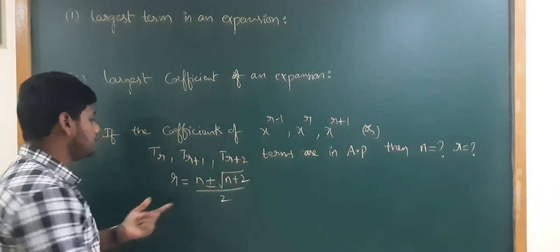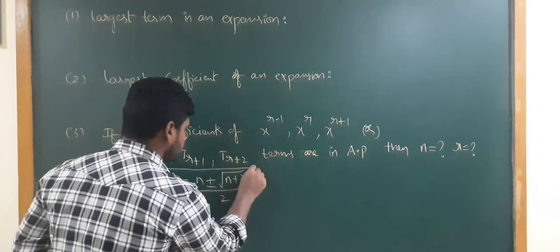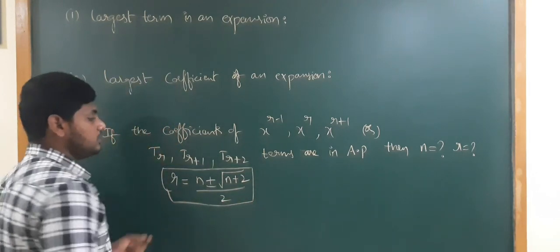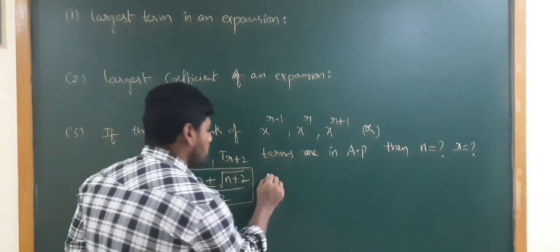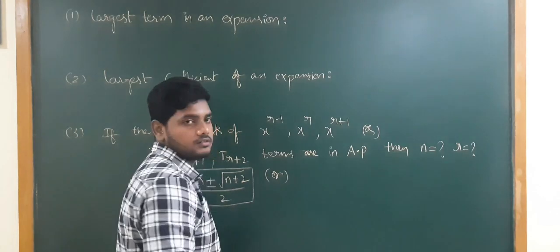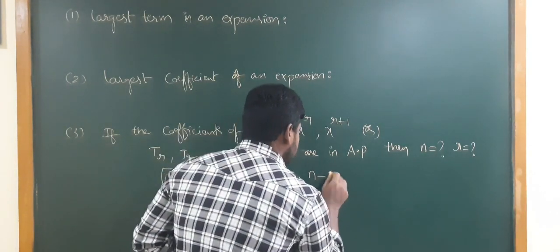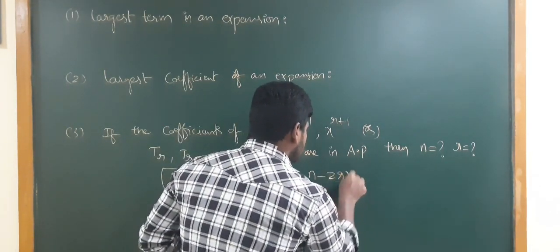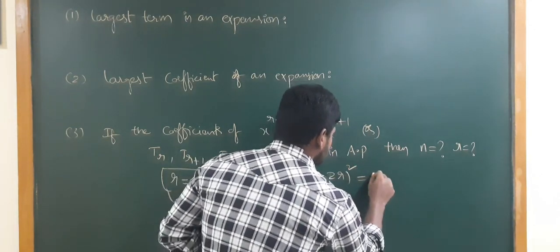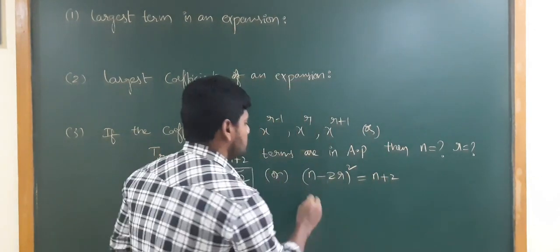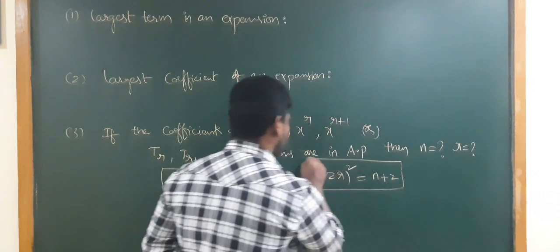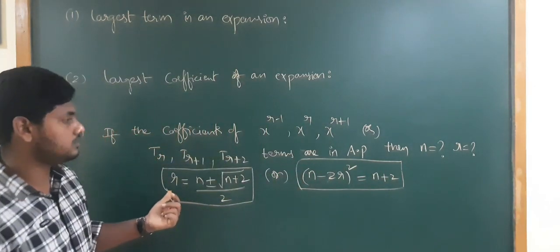The formula is r is equal to n plus or minus square root of n plus 2, by 2, or (n minus 2r) whole square is equal to n plus 2. By using this formula also you can find it.